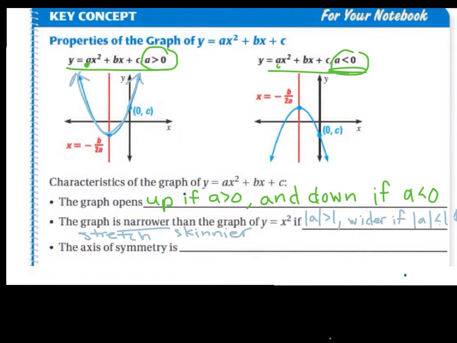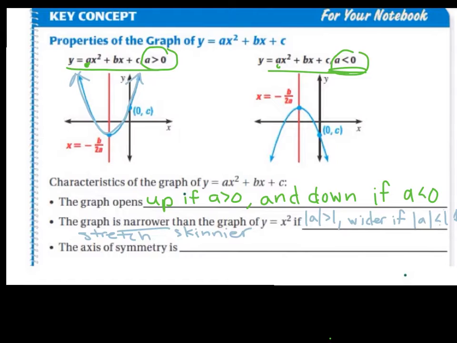So what that is saying, guys, if you have an a value that's a fraction, like 1/2, 1/3, 2/5, 5/7, if it's less than 1, it's going to squish it and make it wider, but if it's larger than 1, it's going to stretch it, make it skinnier, make it taller. So just more things that a value is telling you about your parabola.